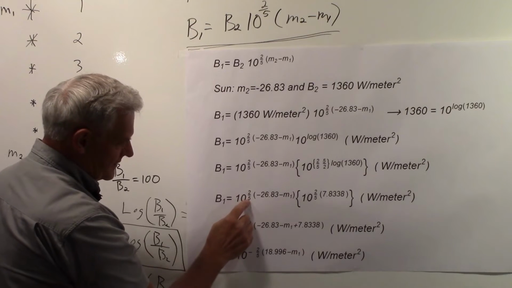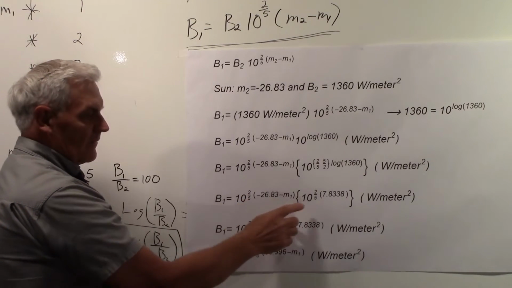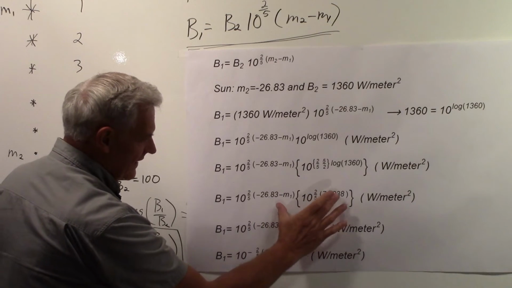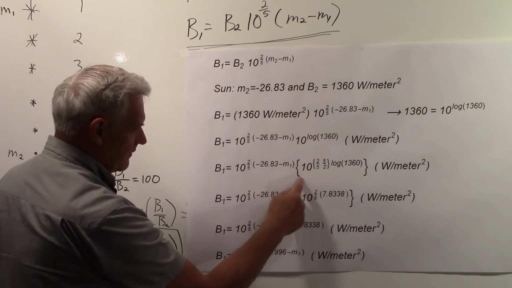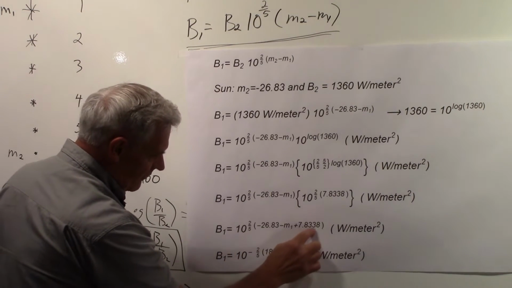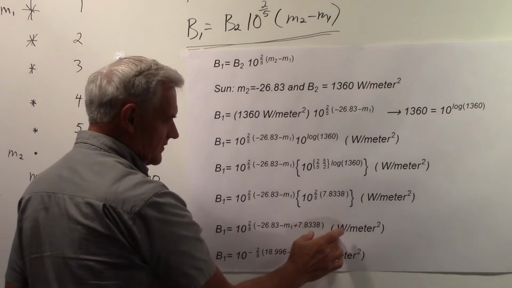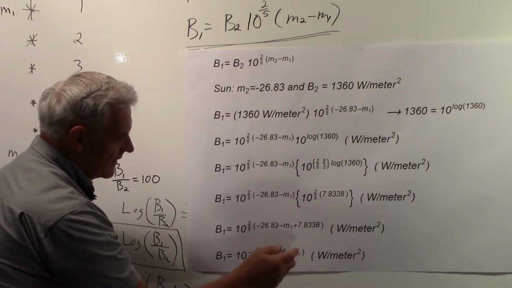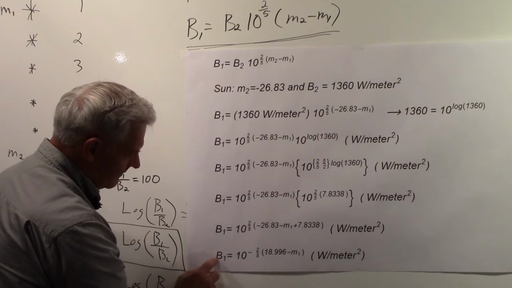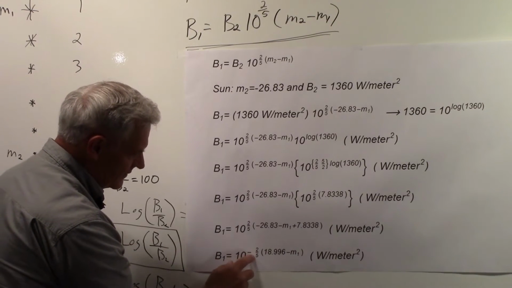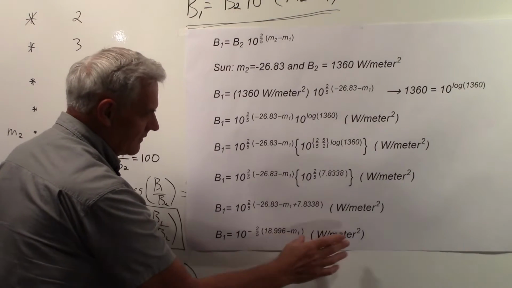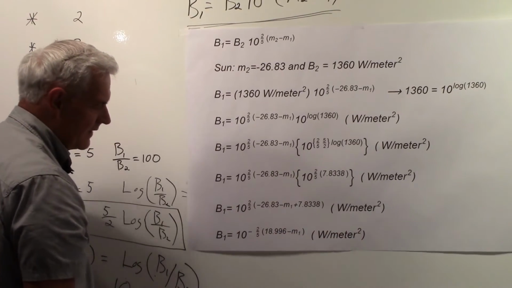So now we have the same factor out front here, and the same factor out front here, so we can add those exponents together. We bring this inside, and here it is, 2/5 of all this, and it's all in units of watts per meter squared. So if we add this to this negative number, we get B1 is equal to 10 to the minus 2/5 of 18.996 minus M1 watts per meter squared.